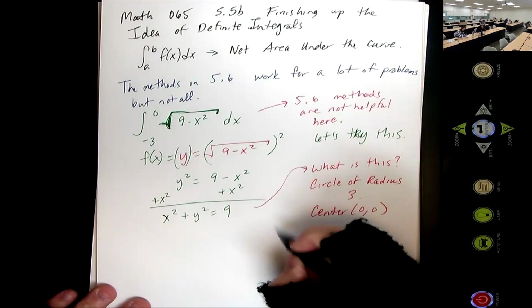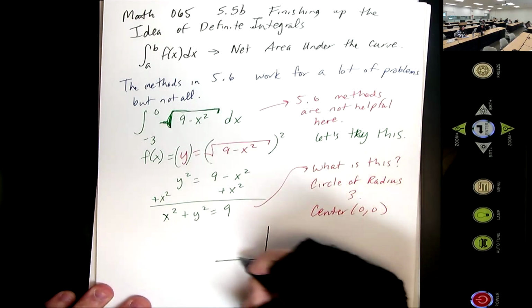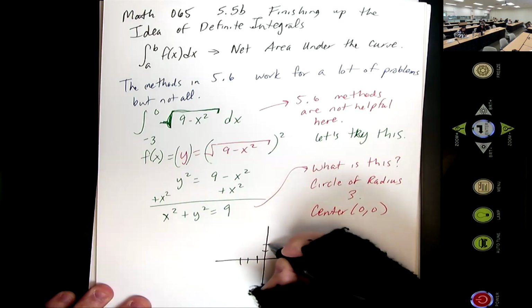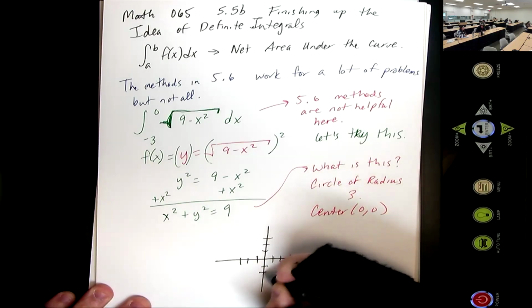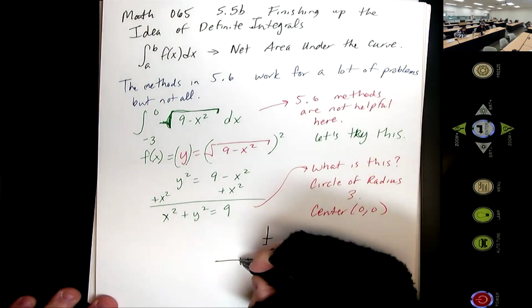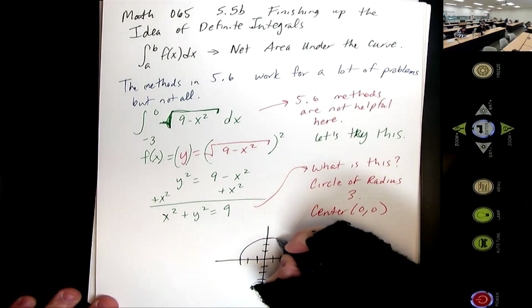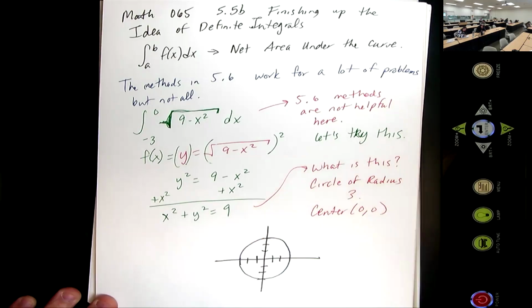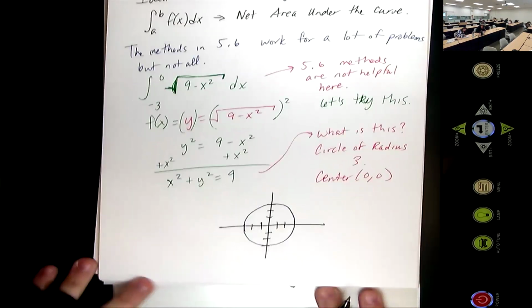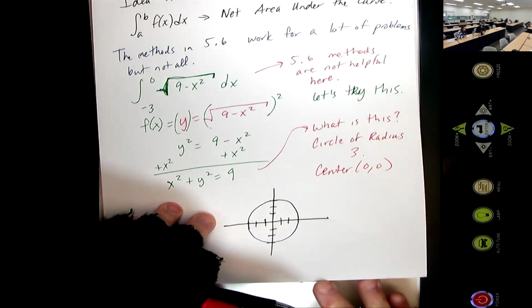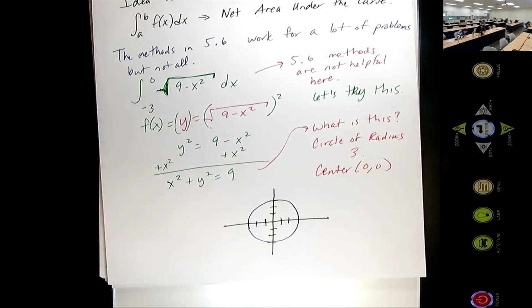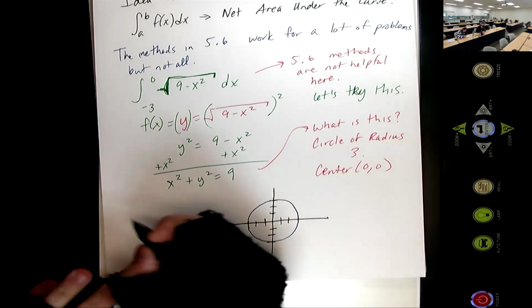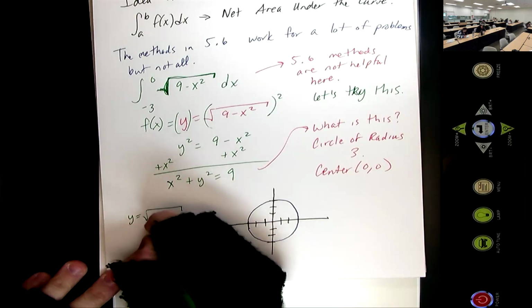Let's draw it. Well, the original function was y equals the square root of 9 minus x squared.